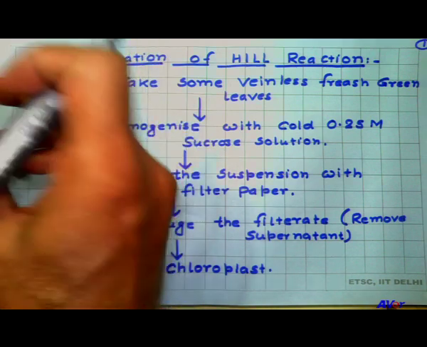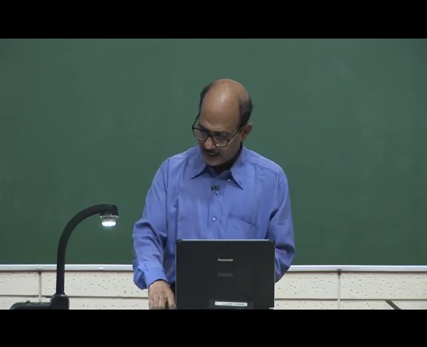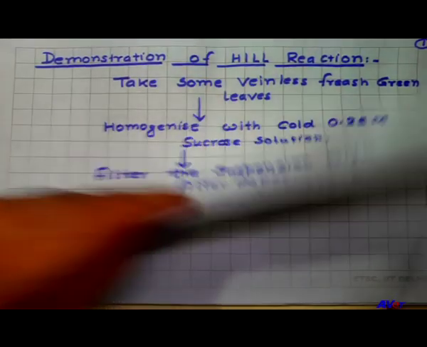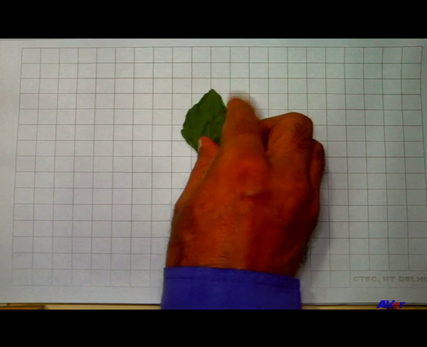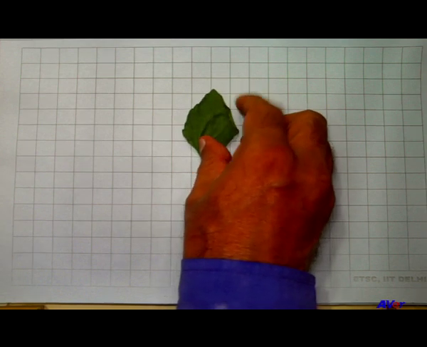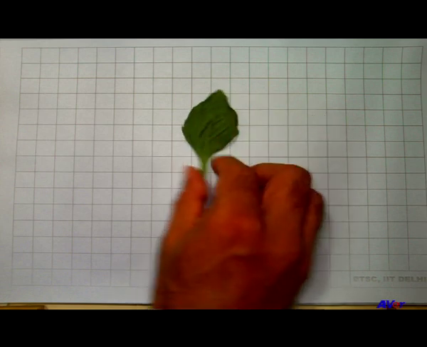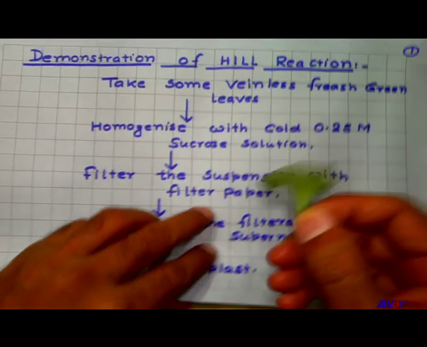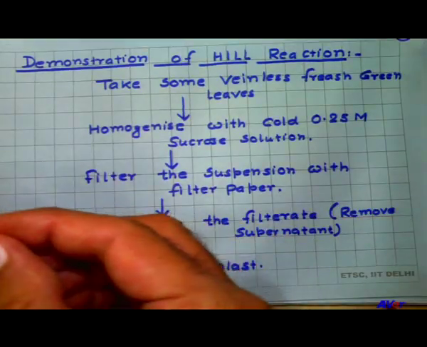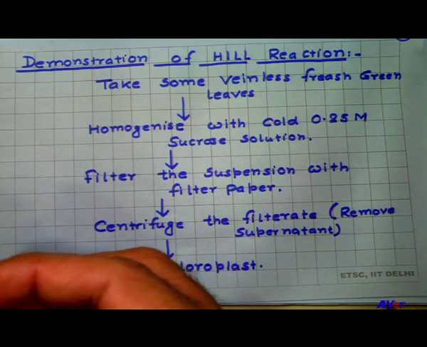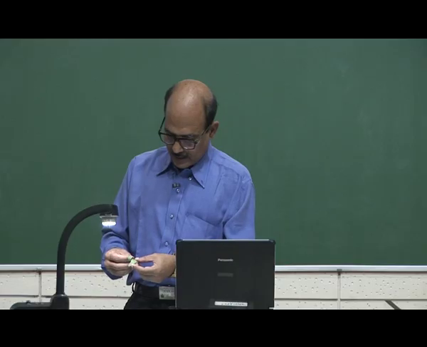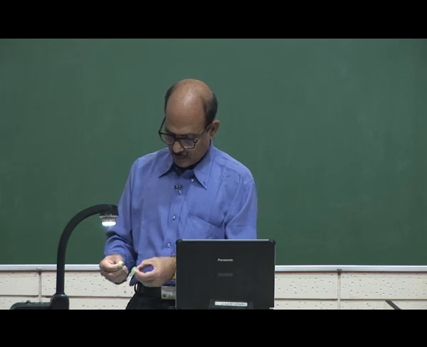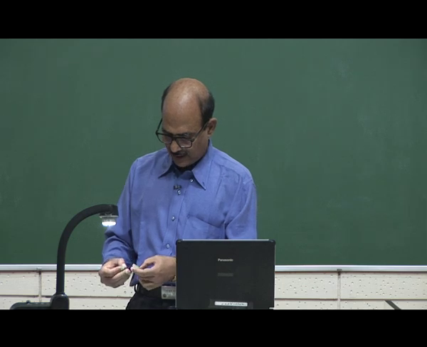According to Hill, he isolates the chloroplast. He takes a leaf like this, any green leaf like spinach or mango leaf, and detaches the leaf from the veins, a veinless leaf.